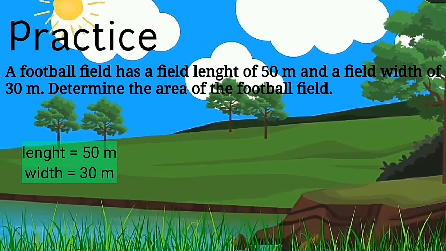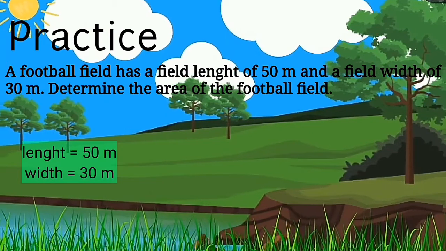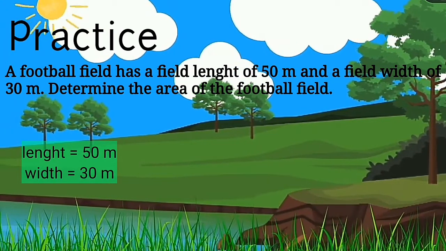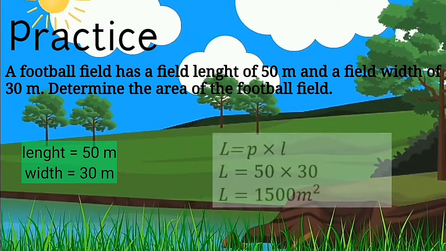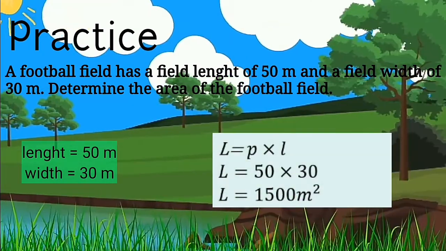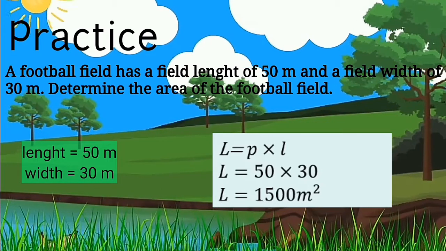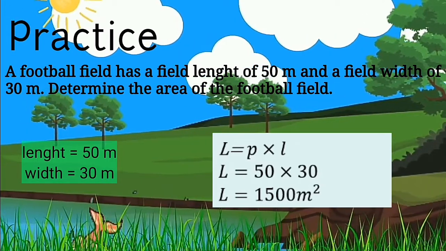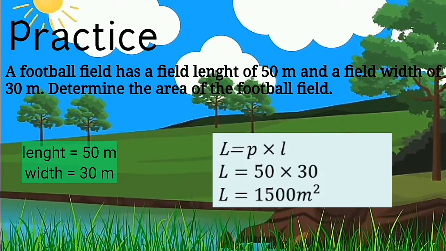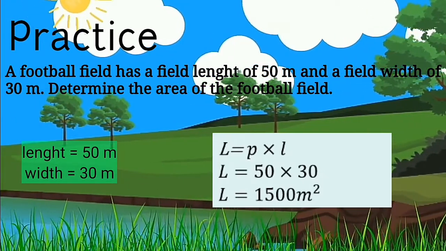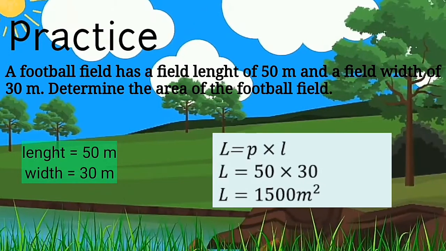Solution: substitute it into the rectangle formula as in the example. L equals length 50 meters times width 30 meters. Then the area of the rectangle is L equals 1500 meters squared.